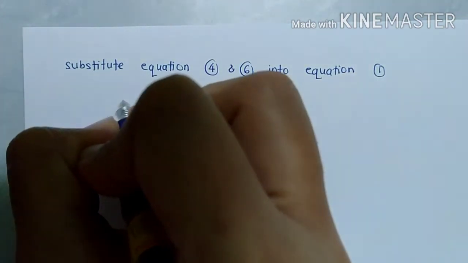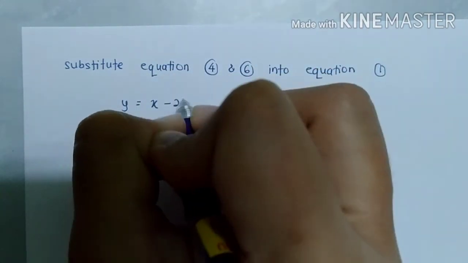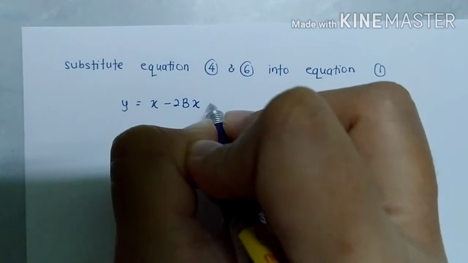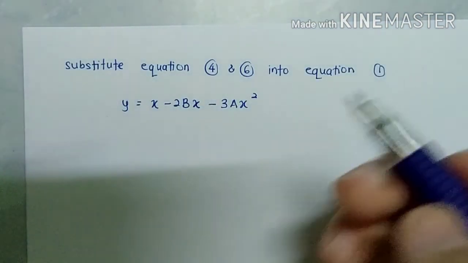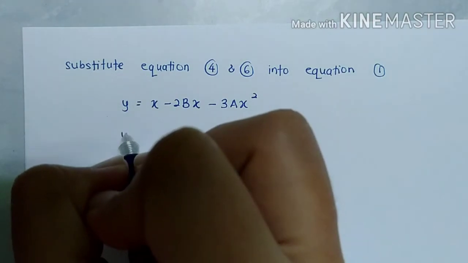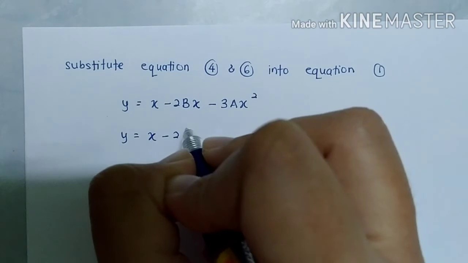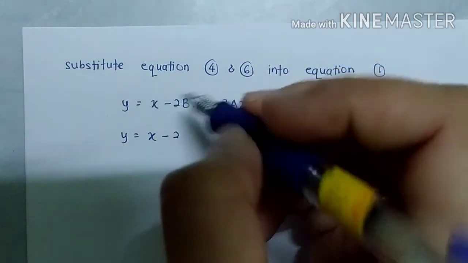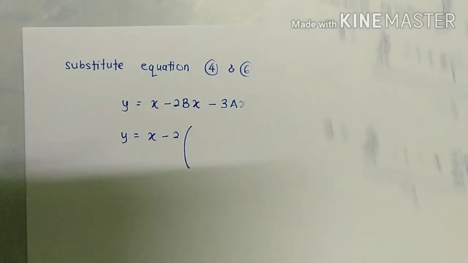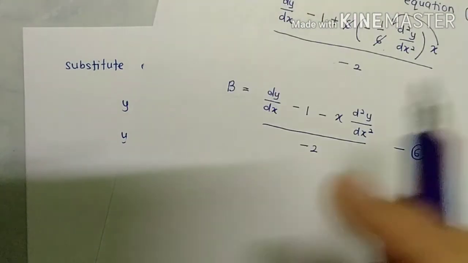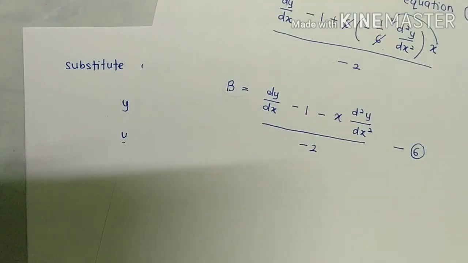Our first equation just now is y equals x minus 2bx minus 3ax square. So we substitute b and a in this equation, so we have x minus 2 times our b just now, which is dy dx minus 1 minus x d square y dx square divided by negative 2.